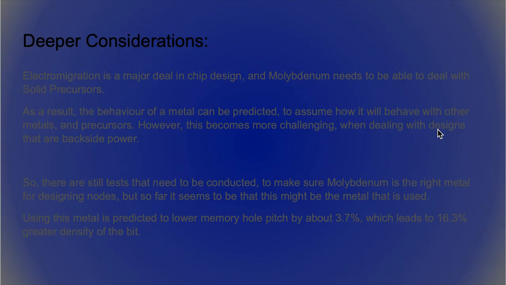But quite a few tests have already been performed, and so far it seems to be a pretty good element to use in chip design, the semiconductor industry, and in general to design nodes.